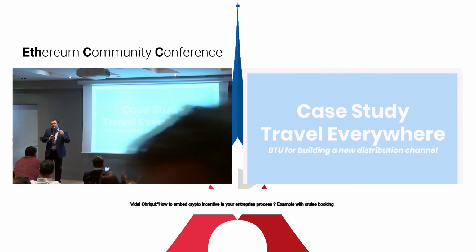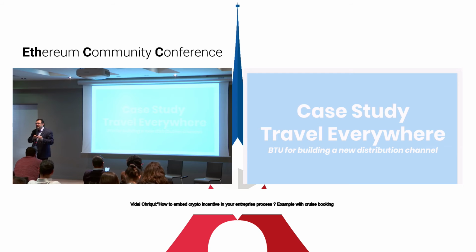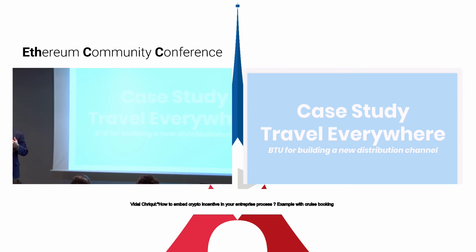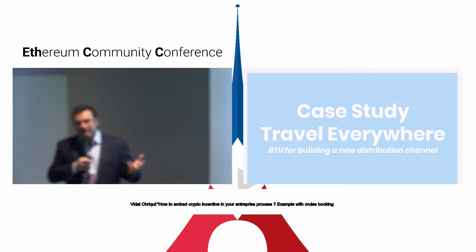Another case study that is based on the same software. Why did we design another use case? It's because the first, BTU Hotel, is designed for the crypto community. If you want to book a hotel and get rewards in BTU, it means that you're already a crypto guy. You're already a kind of geek for the outside world, and you know how to create an Ethereum address, so you're already an advanced guy.